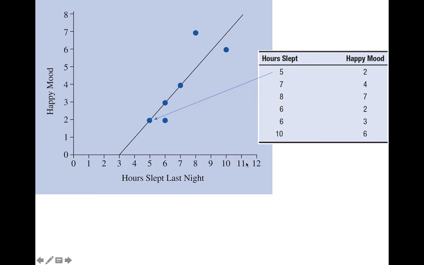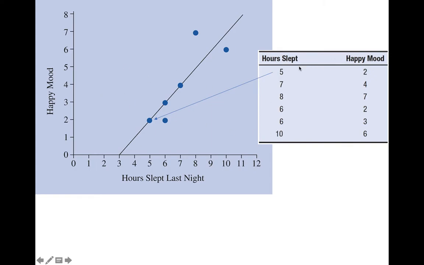Notice that on the x-axis, we've got a possible range of values. Even though our data only went from 5 to 10, we're going to include 0 as the starting place because it is conceivably possible to sleep 0 hours in a night. Okay, and then we could extend the graph beyond 12 hours, but it's unnecessary to do so with the range of values that we have.